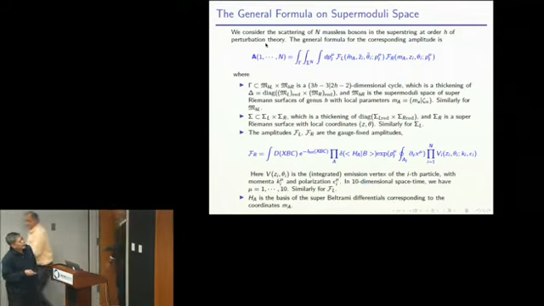This is a derivation given by Edward a couple of years ago of the super period matrix. If you start with a surface sigma with Berezinian of sigma, with local superconformal coordinates dz, d theta, and you turn on the gravitino field, the general section will become this.